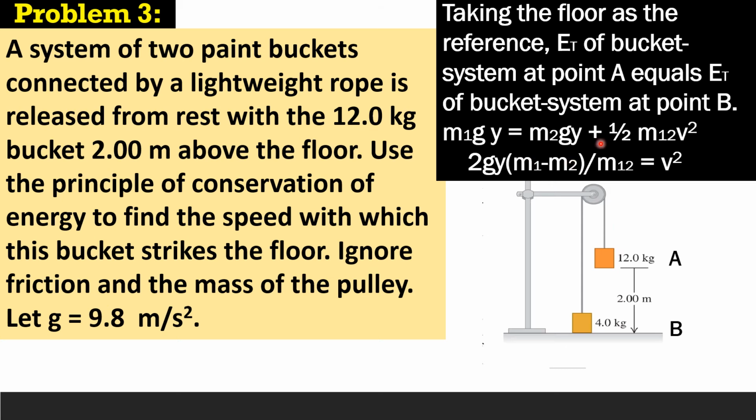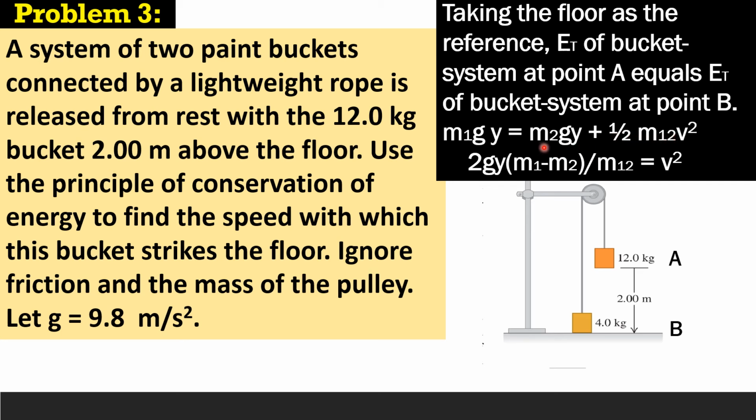Now, since we're looking for V2, V2 can just be isolated like this. Unlike in the previous problem where we see mass in the left side of the equation, then on the right side there's also the symbol for masses, unfortunately these masses are not the same.